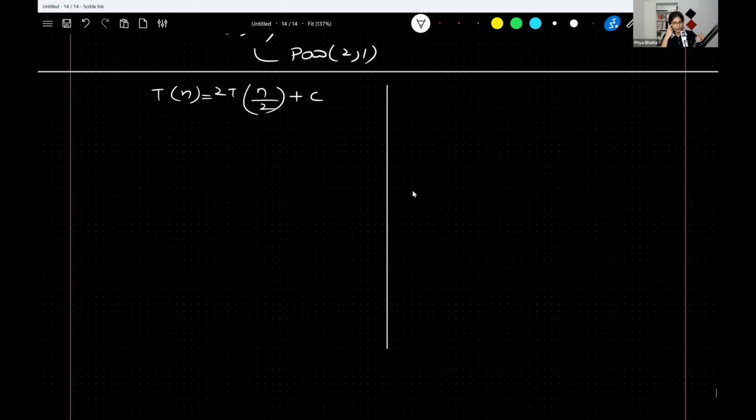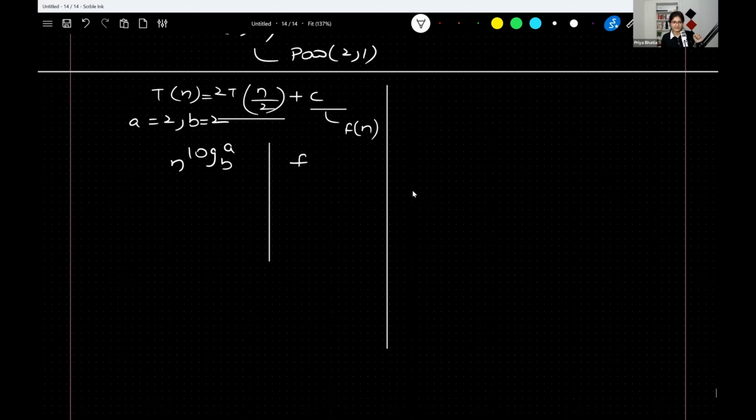What I usually do is split my equation into 2 parts. This is my function, f of n, and this is one part of the equation. I try to compute the value of n to the power log of A base B, where A is 2, and B is also 2, and compare the value between f of n and this.